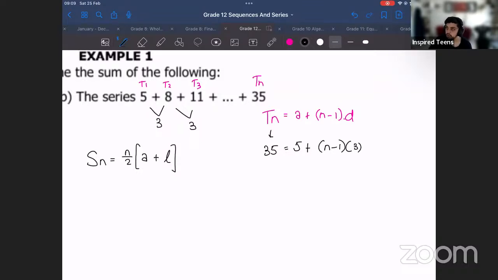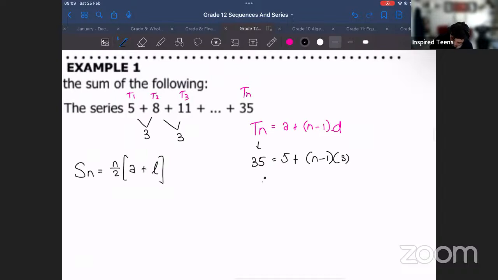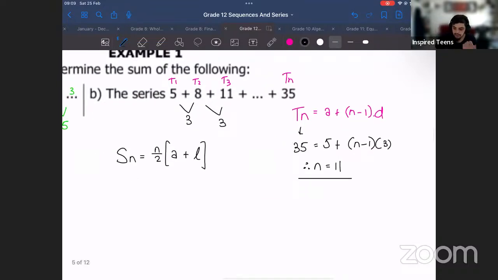Let me just shortcut to get the answer quickly so we can move on. Okay, so we actually get n as 11 when we do the algebra. So n is 11. Therefore, since this is T11, the last term is the 11th term, which means there are 11 terms in the sequence.